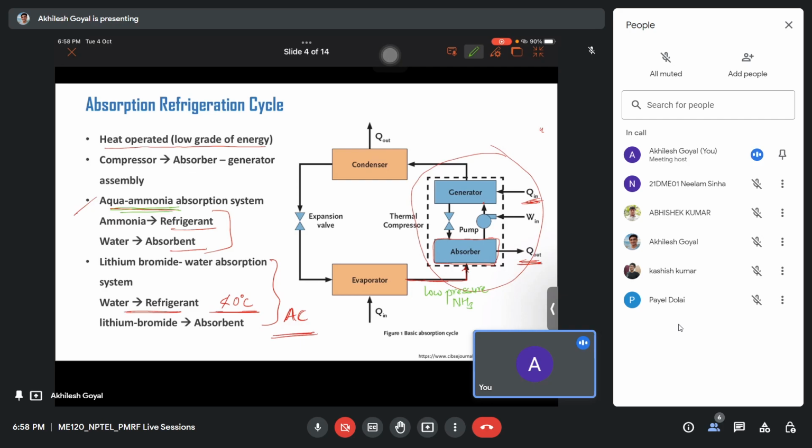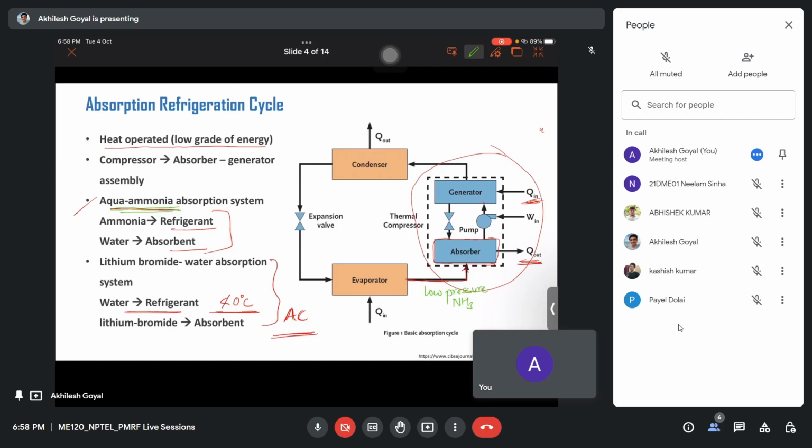From here, the pure ammonia at low pressure goes inside the absorber. At this low pressure, it has a strong affinity for water, so it gets absorbed in the water. As it gets absorbed in the water, this low pressure ammonia vapor converts into liquid form. So when it converts into the liquid form, it releases the latent heat of condensation, right?